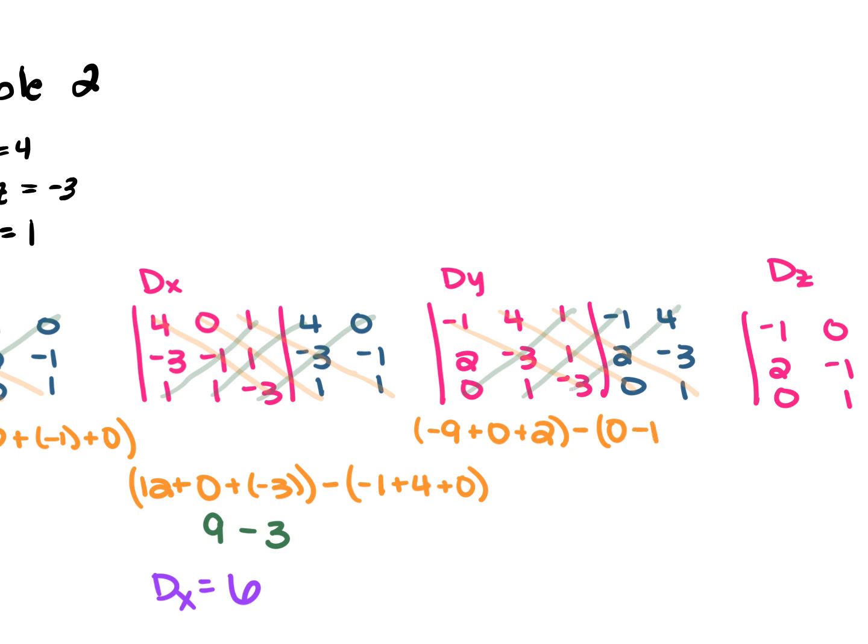Plus negative 3 times 2 is negative 6. Times 4 is negative 24. So this is going to give us negative 9 plus 2, which is negative 7, minus the negative 1 times minus 24 is negative 25. Double negatives turn to positives, so that's 25 minus 7, which gives us 18.